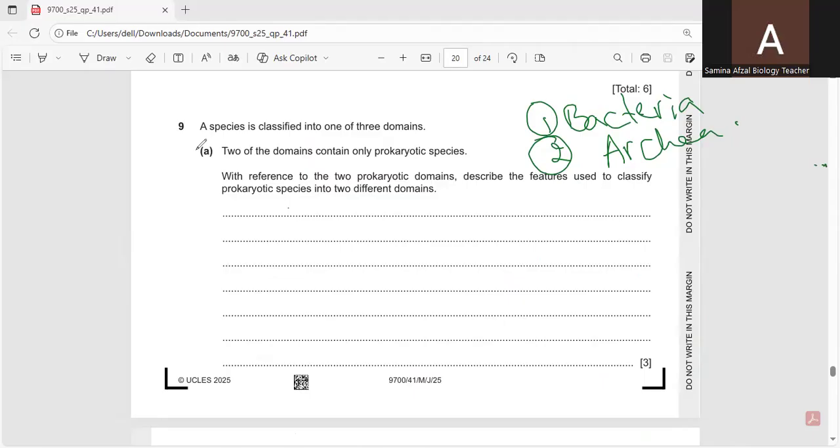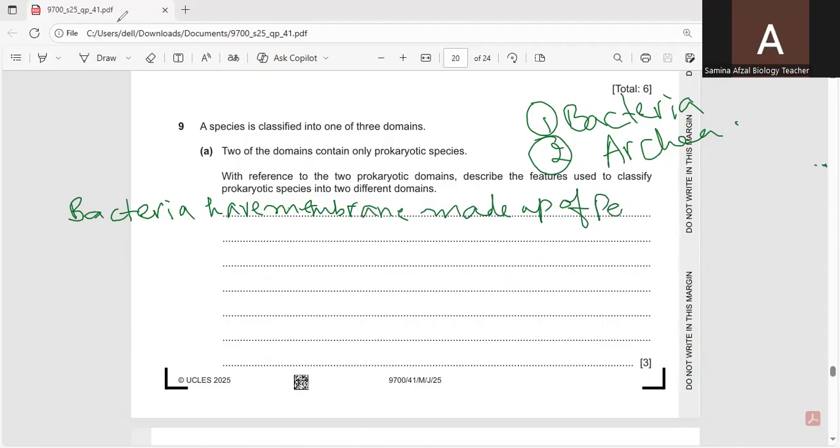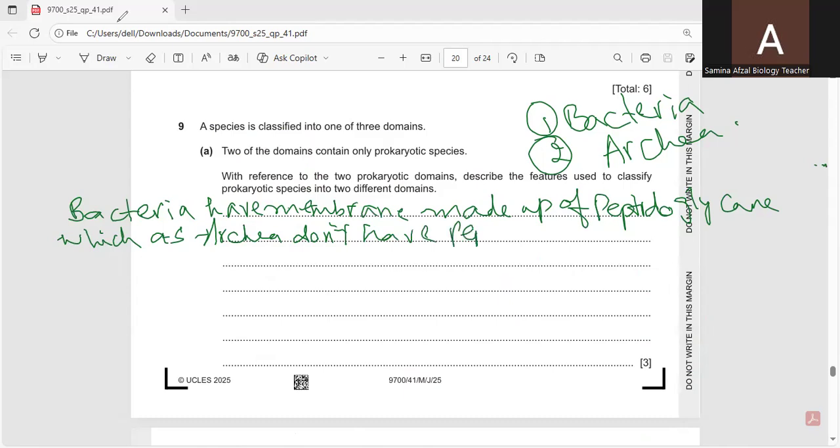So first of all, bacteria have a cell wall made up of peptidoglycan, whereas archaea don't have peptidoglycan.